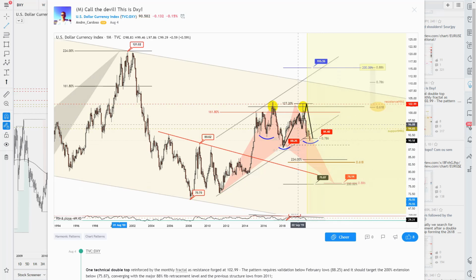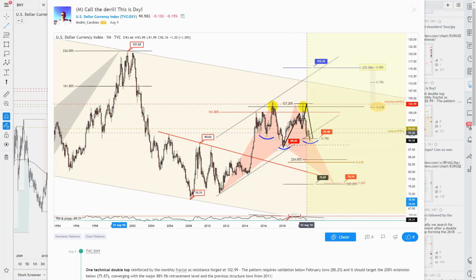On the other hand, I also shared this as a potential, eventual inverted head and shoulders. So we are still trading that possible right shoulder.